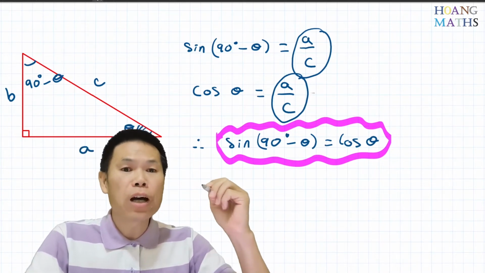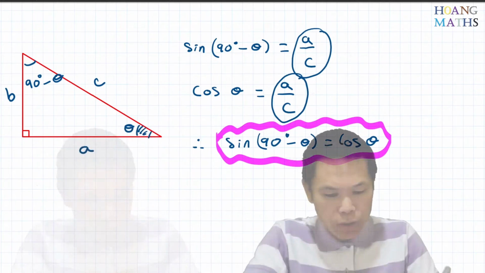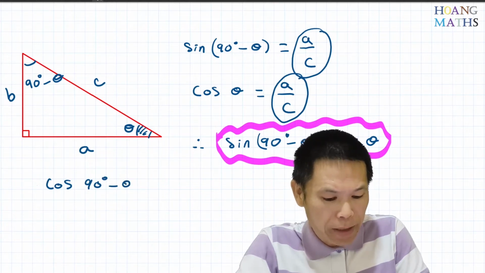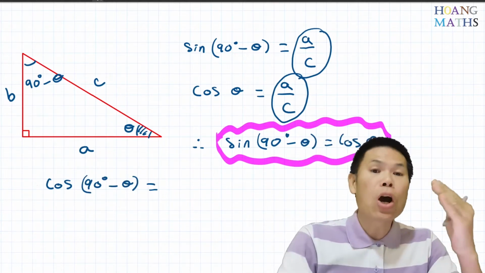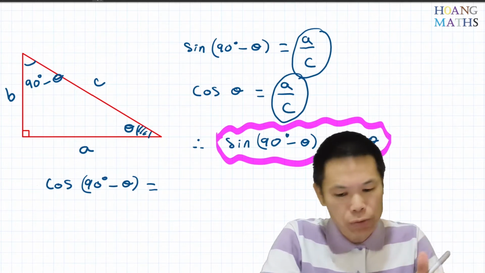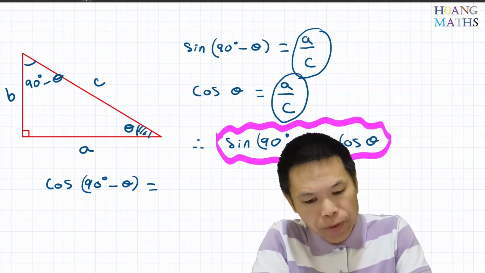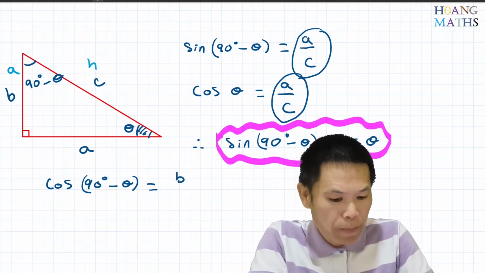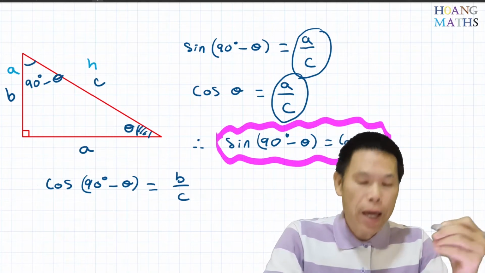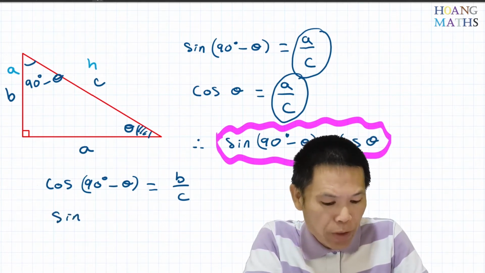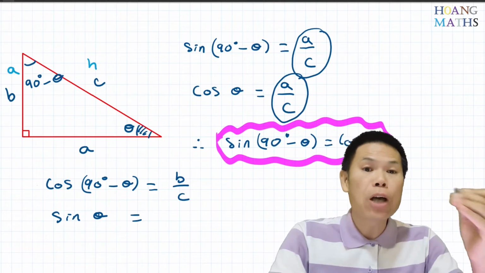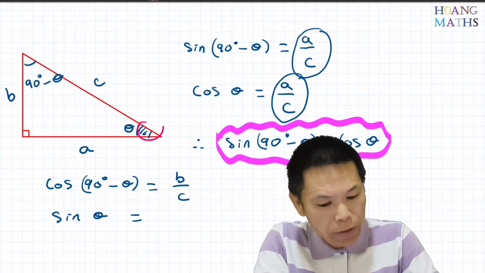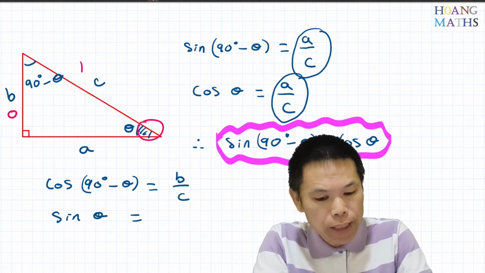Now let's find cos of 90 minus theta. If we find cos of 90 degrees minus theta, that means cos is adjacent over hypotenuse. So this is adjacent and this is hypotenuse. So adjacent over hypotenuse, so B over C. Then if we want to find the sine of theta, sine is opposite over hypotenuse. So for this angle here, this is opposite, this is hypotenuse.